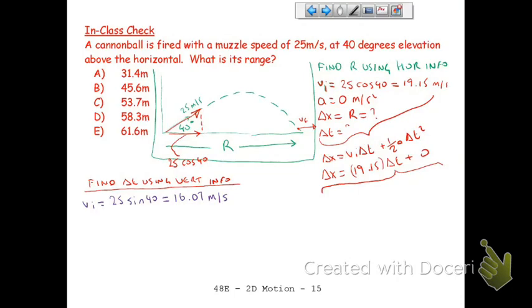Got to be careful here. A is equal to minus 10 meters per second squared. I want to find, of course, delta T. There's two more things I could possibly know. One is V final, and the other one is my delta X, my displacement. We need one of them. Which one are we going to go with?